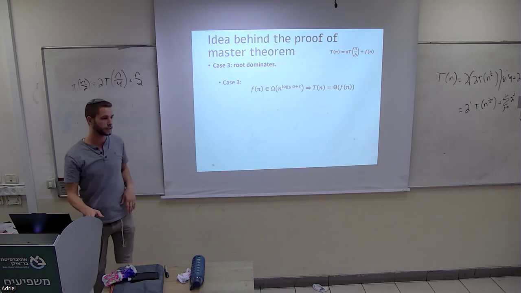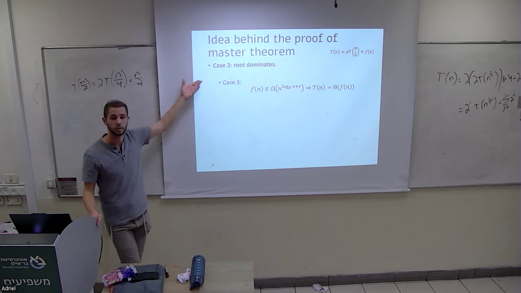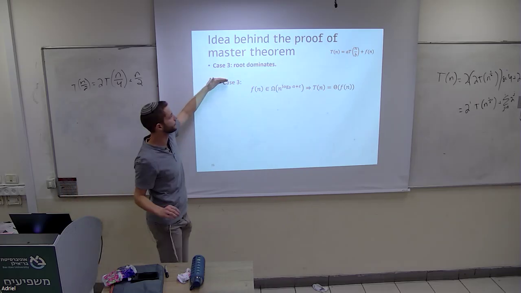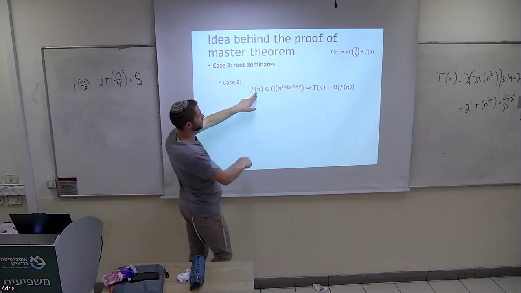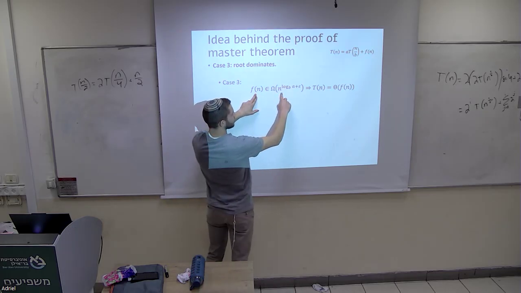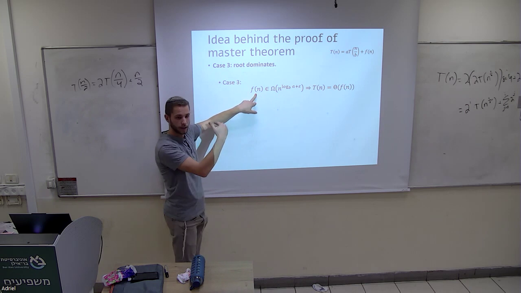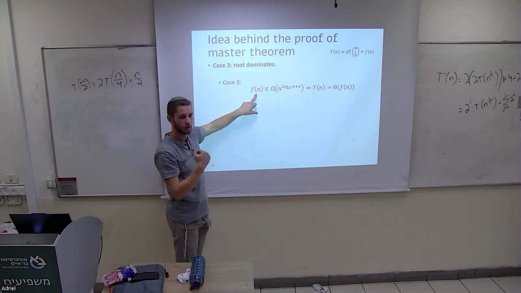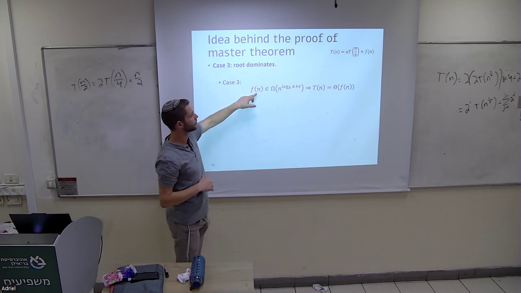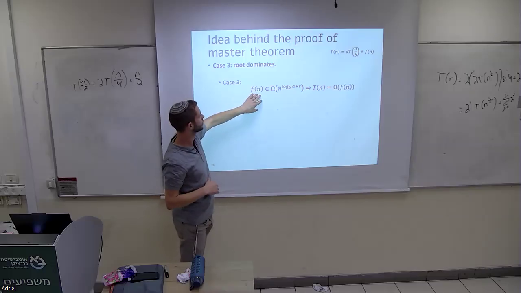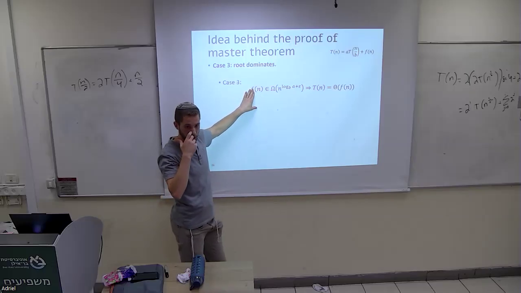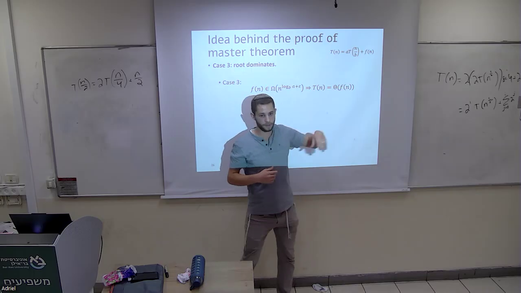And case 3 is the same thing, but the other way around. The root dominates, because each level it gets smaller and smaller. So f of n is a lot bigger than this, and each level we're doing a smaller amount of work. Therefore we only take the root, because that's the most work we do. So it's theta of f of n.